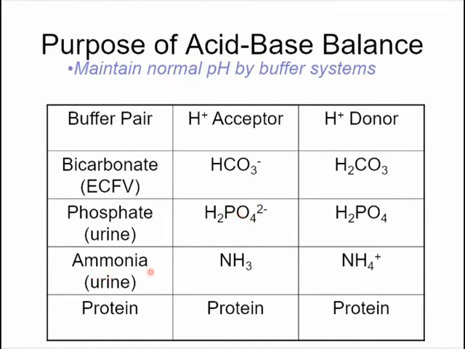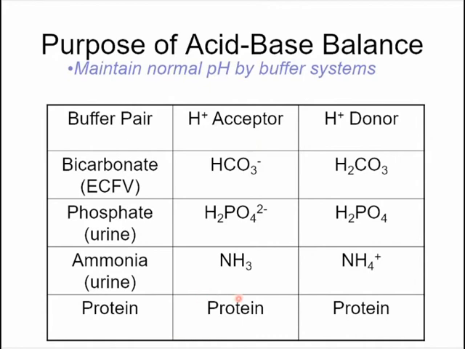You have your ammonia and ammonium ion in the urine also, and your proteins can also act as buffers. Proteins are hydrogen acceptors and also donors.